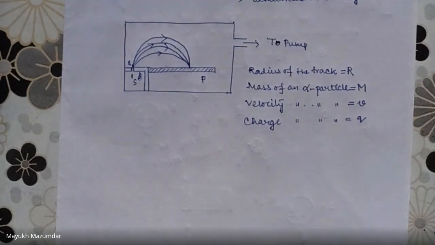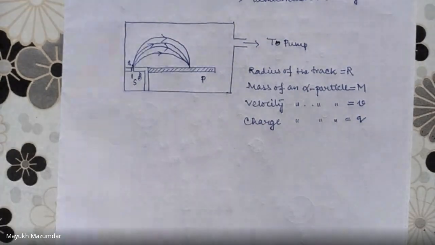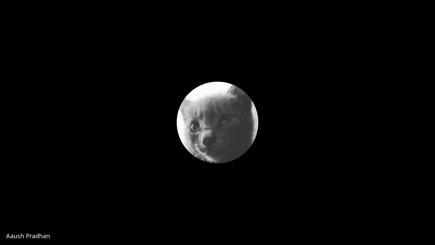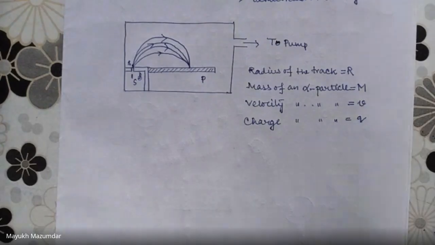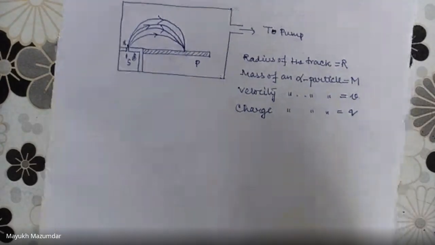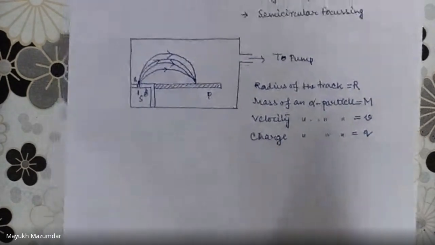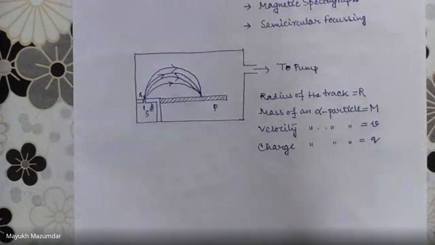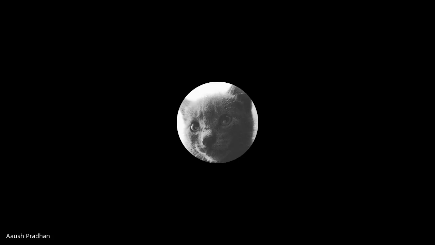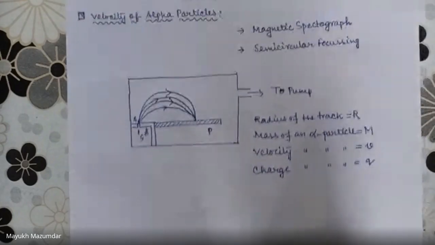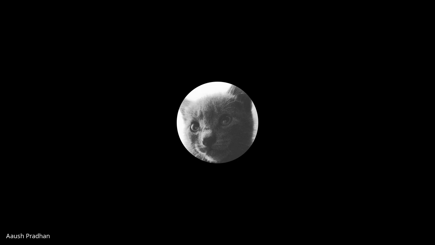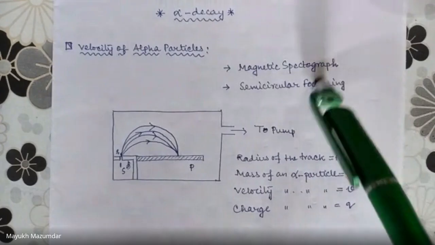Think, think. Everything is given. If there is a negative charge, then it will attract it. But what is the reason that it is making a track like this? No, no, you know. Just see what is written.